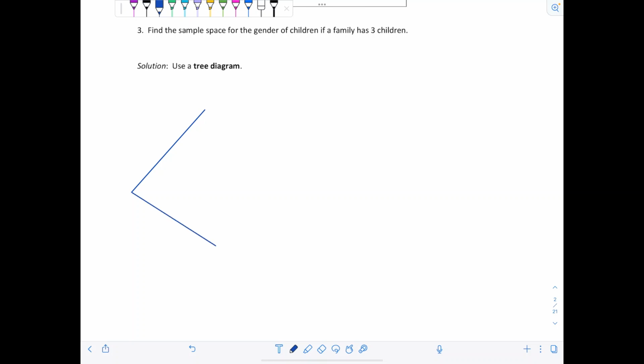For the first branch, this is like baby number 1, okay? Either they're going to have a boy or a girl, and then you're going to make another branch off each of these for baby number 2. So baby number 2 could either be a boy or a girl. Same thing down here. And then baby number 3 is going to have a branch off of each of these now.